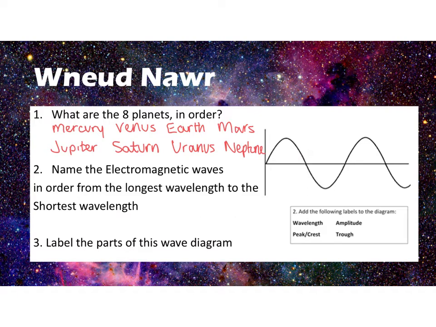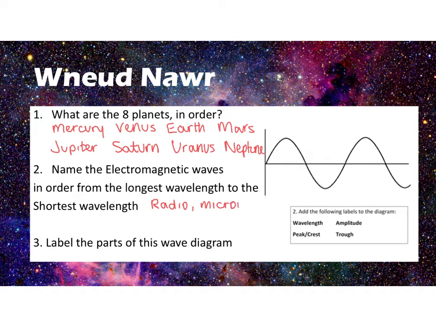Number 2, name the electromagnetic waves in order from the longest wavelength to the shortest wavelength. Okay, so that means we start with radio waves, and in order, getting shorter.